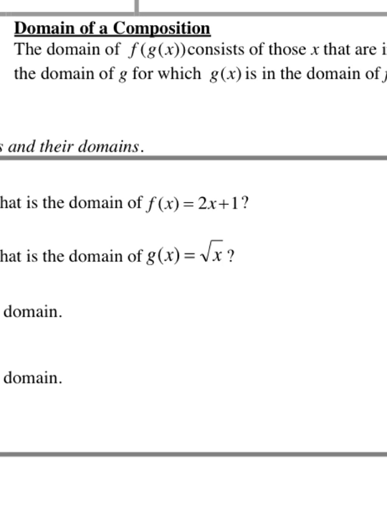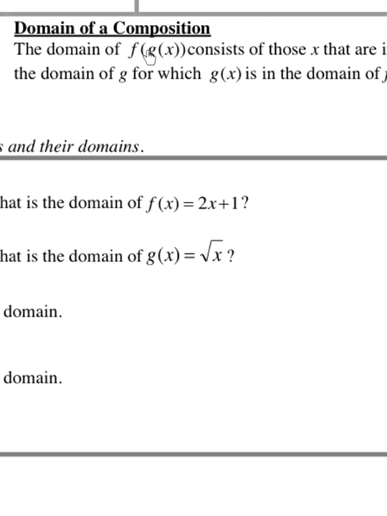One of the things we need to talk about is the domain of a composition. In the domain of a composition, any domain restrictions that we have for g of x are also going to apply to f of x when we combine or make a composition of these two functions together.